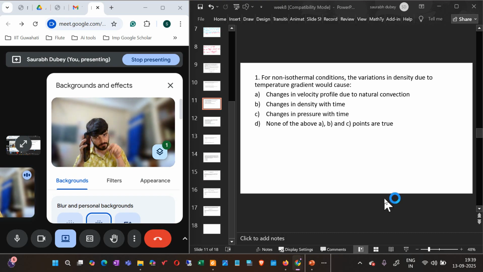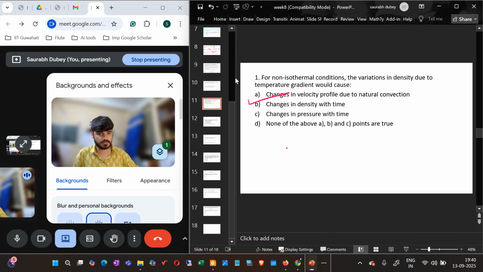So the density of this fluid will decrease, and in turn these molecules will get more buoyant force, and because of this they will have an upward velocity profile as shown in the figure that we have seen. So option A is the correct answer for the given question.